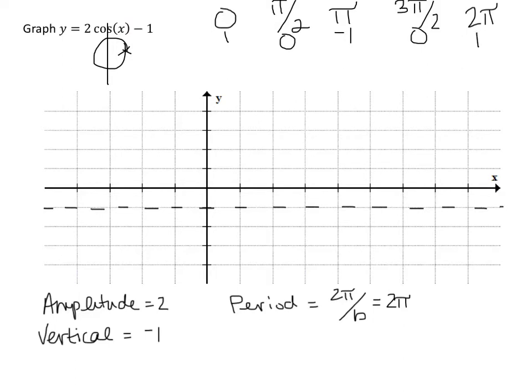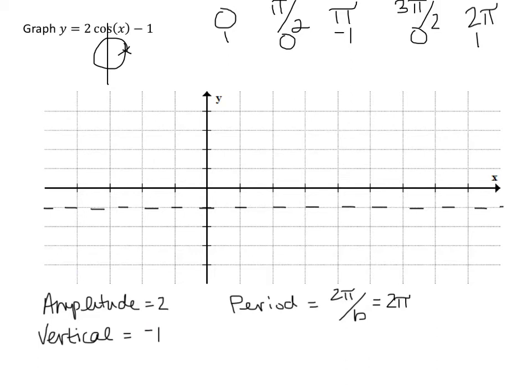However, I have an amplitude of 2 and a vertical shift of -1. So the first thing that I'll write down is my vertical shift. So essentially I'm just going to deduct 1 from each one of these values.